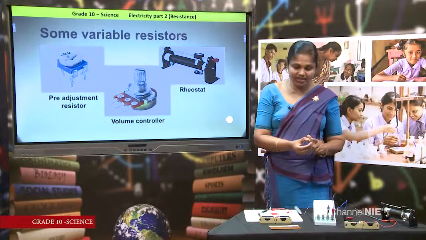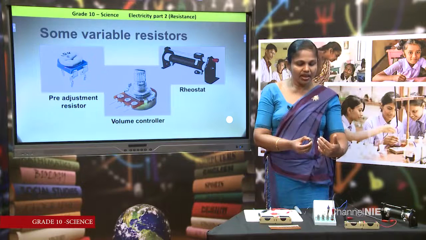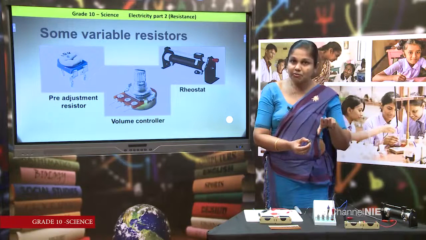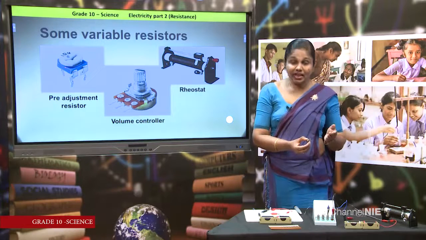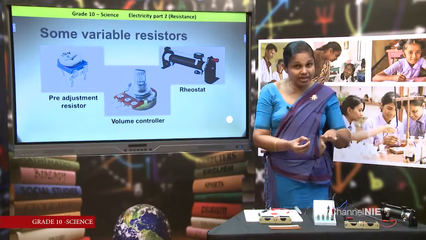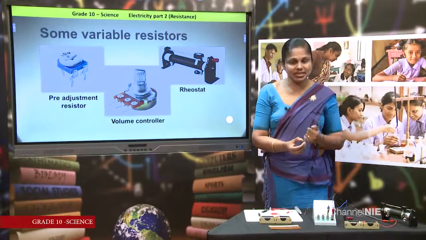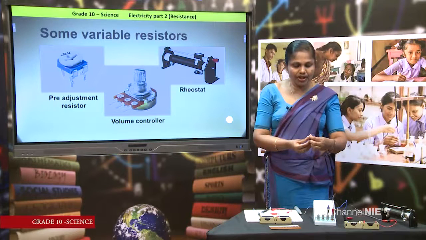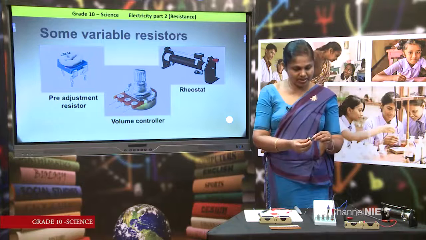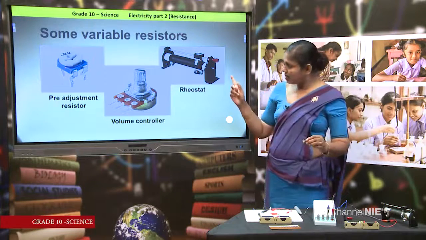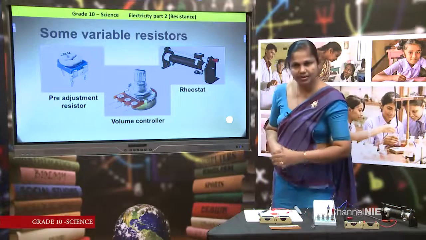When the resistance increases, current flow decreases and the volume of the cassette player decreases. When the resistance decreases, current flow increases and the volume increases. So, this volume controller is also a type of variable resistor. You can see a picture of a volume controller here on the screen.